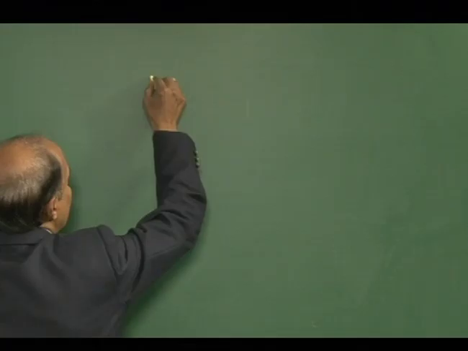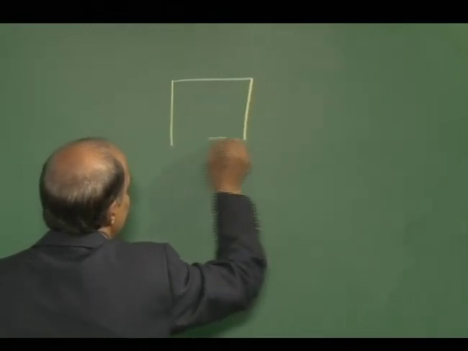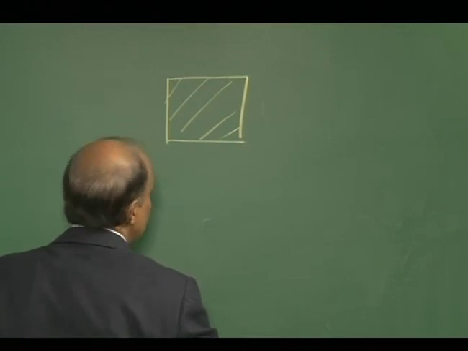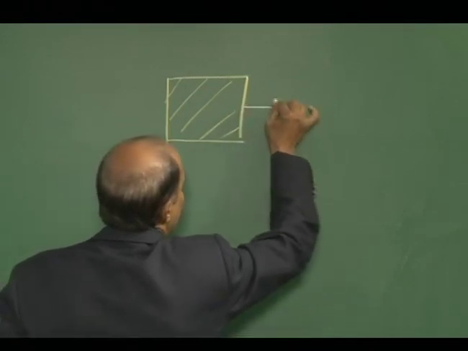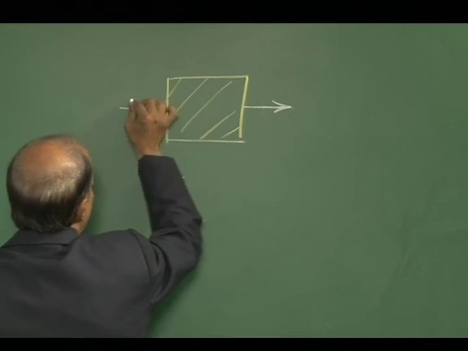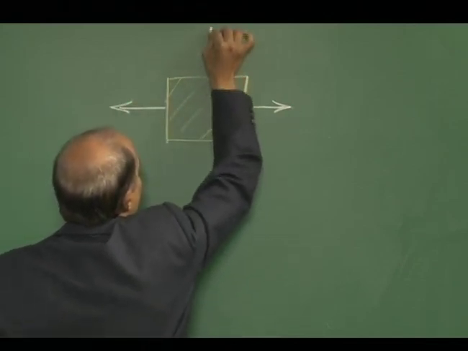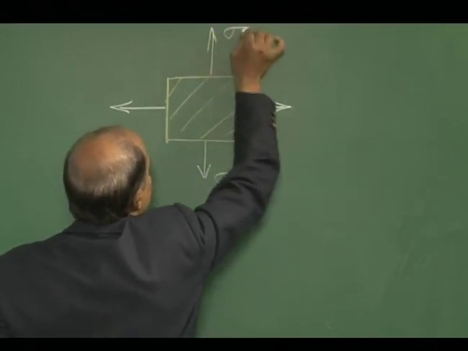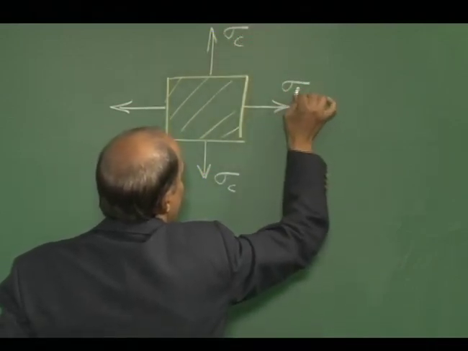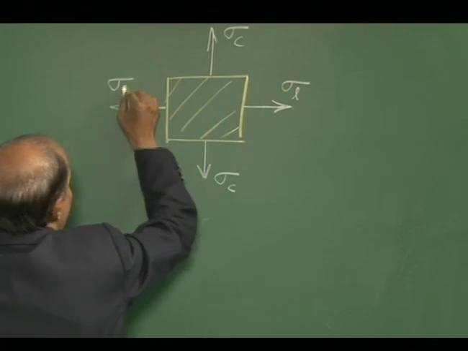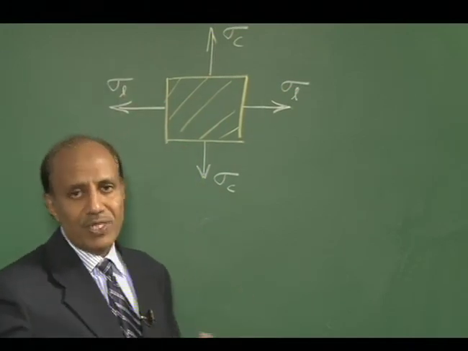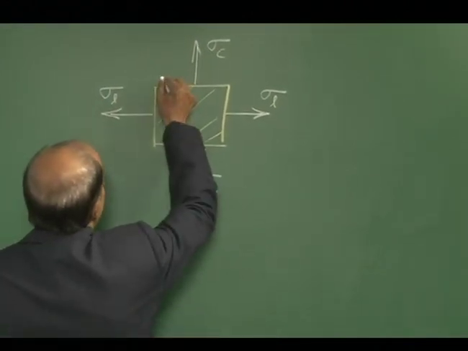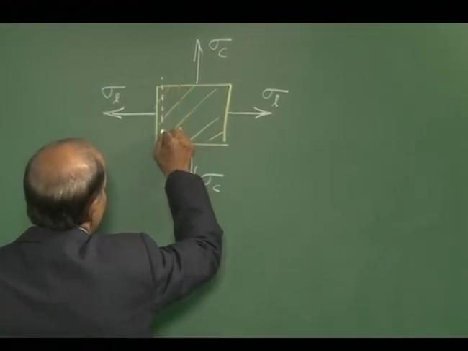So we have a block, take an element, subjected to stresses, say sigma c and sigma l. Because of this, the element is going to undergo some kind of deformation, something like this.